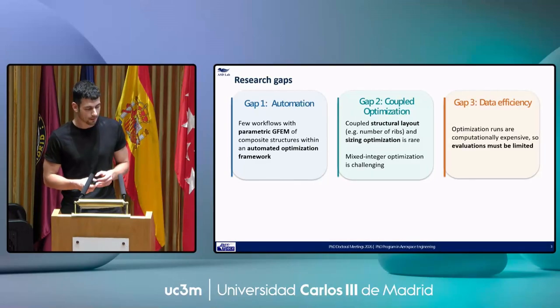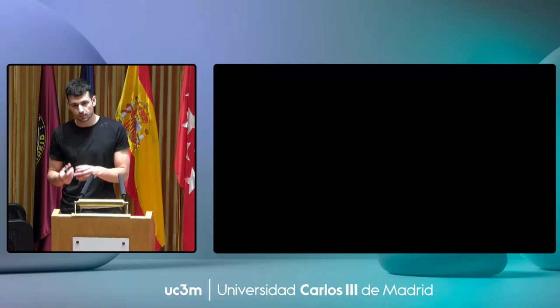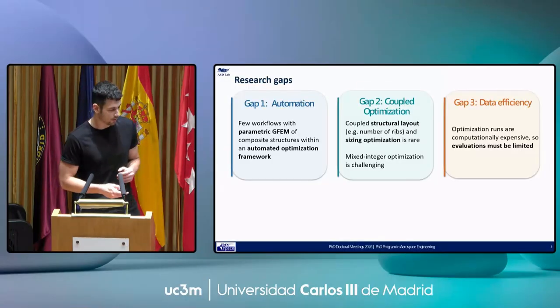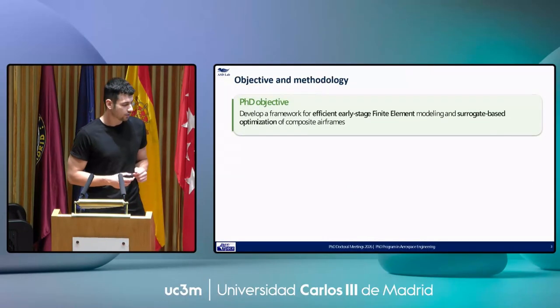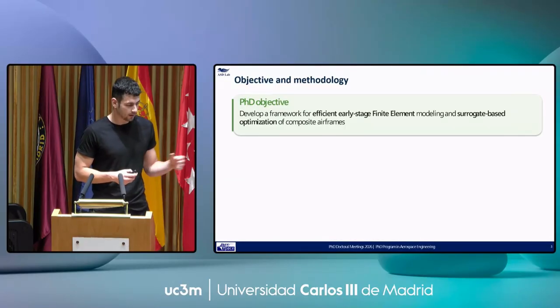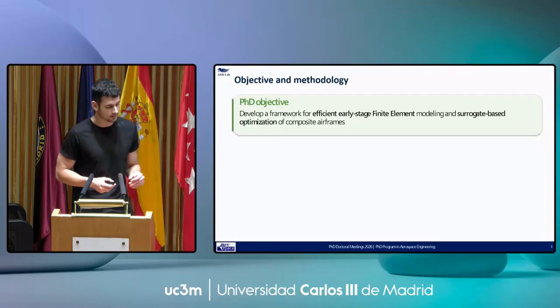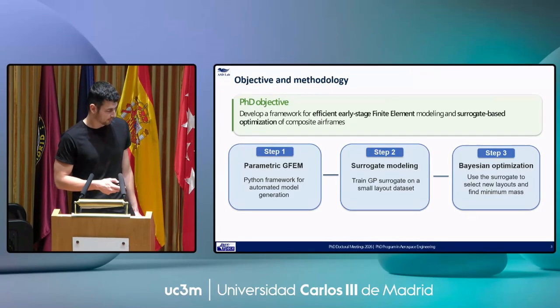And last, we need methods that are able to optimize our structure in a data-efficient way because our evaluations are very computationally expensive. So to sum up, the PhD objective is to develop a framework that allows us to do surrogate-based optimization in composite airframes with finite element models.